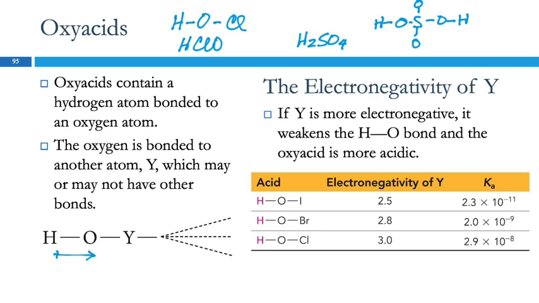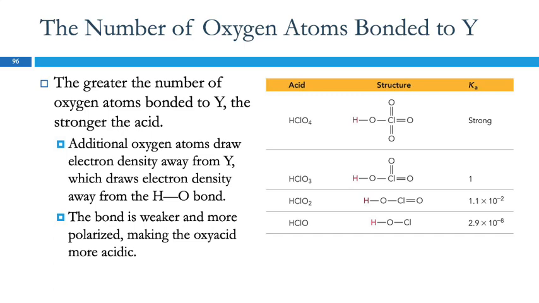Yeah, but there's just limits by the electronegativity here, and so oxygen cannot pull back like it would like to because it's less electronegative. So the identity of Y matters, and also the number of oxygens matter.